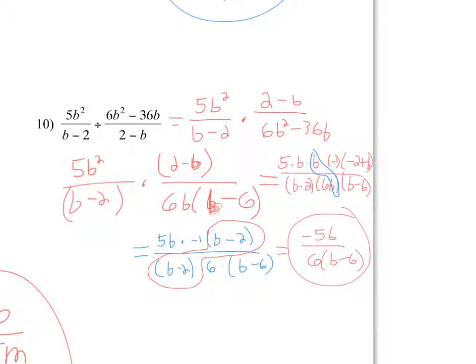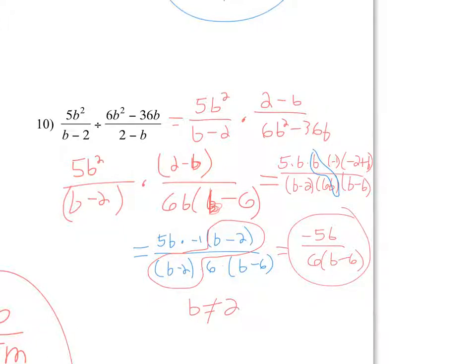Well, this is riddled with things that can't be 0. So I'm going to look through. B couldn't be 2, b couldn't be negative 2, b can't be 2, and b can't be 2. Oh, hey, same value, so I only really need to write it once. So b can't be 2.